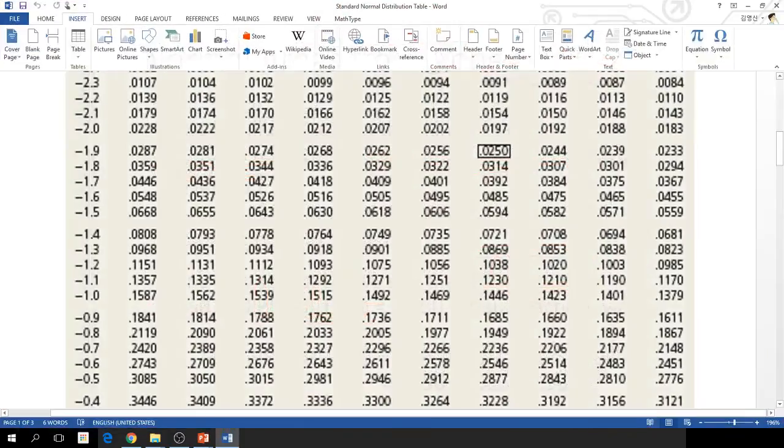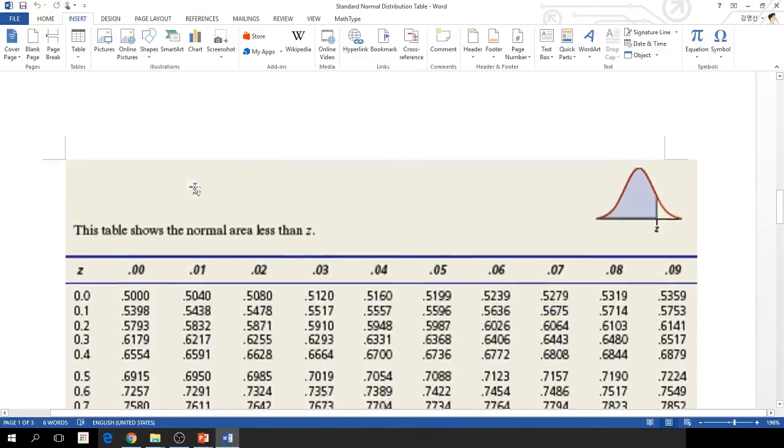Let's see. Instead of minus 1.96, let's go to plus 1.96.